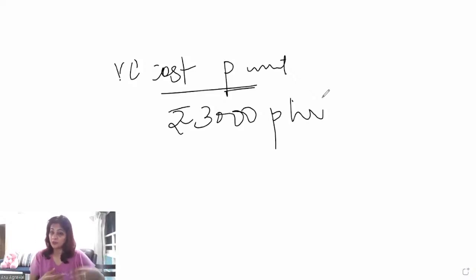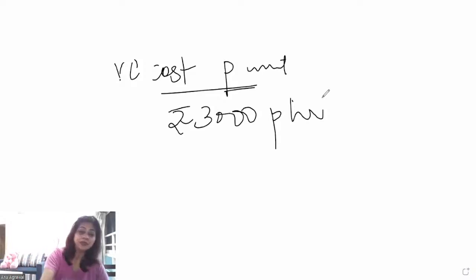Though this is an opportunity cost, in our service industry, unlike a manufacturing industry, there is no material, no labor, no variable expenses. So I'm just taking up this expenditure. That means if I work for 1 hour, I want at least 3,000 rupees per hour to be paid to me.